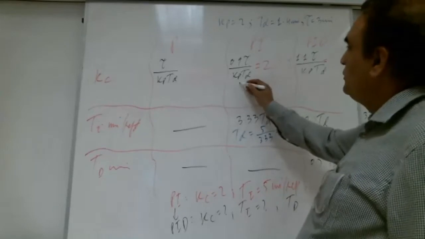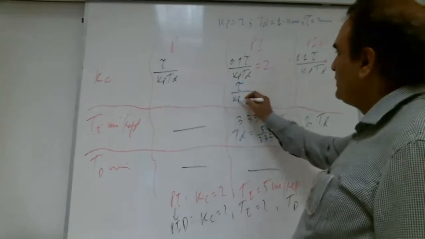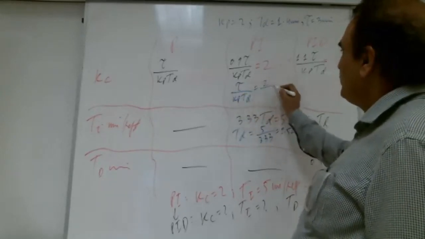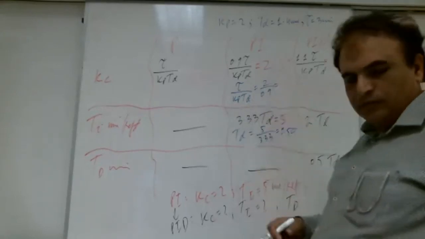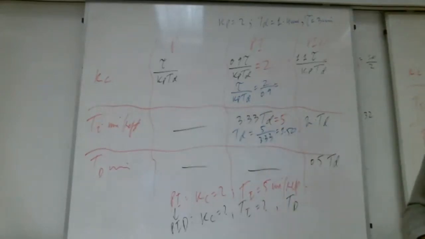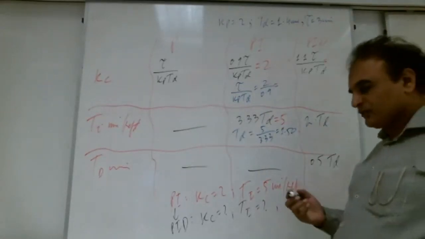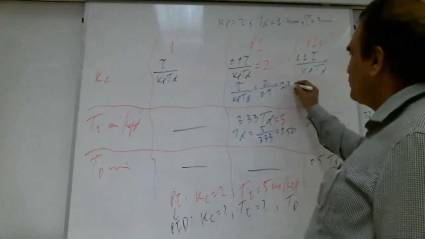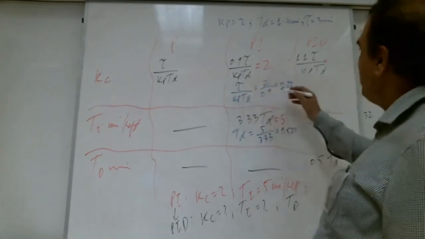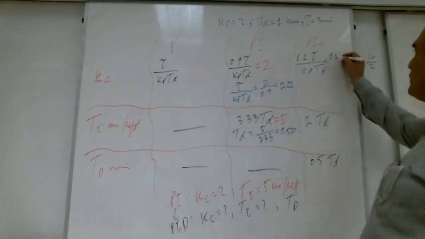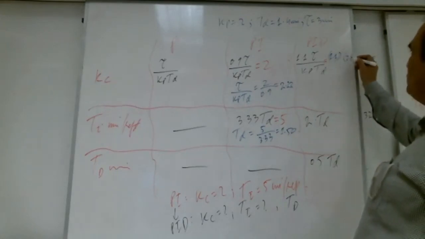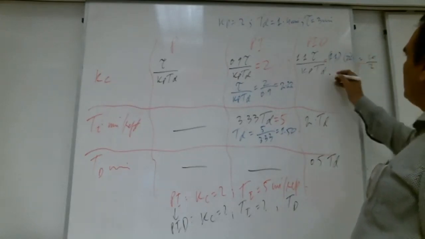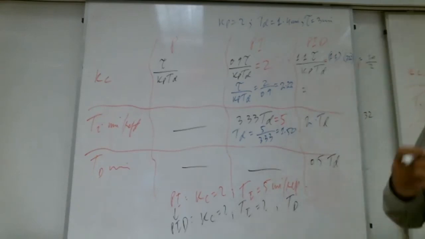From here, tau Kp over Td. 2 divided by 0.9, how much? 2.22. This is the value of tau Kp by Td. So 1.1 into 2.22, how much? 2.44.